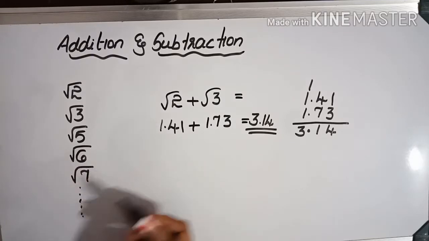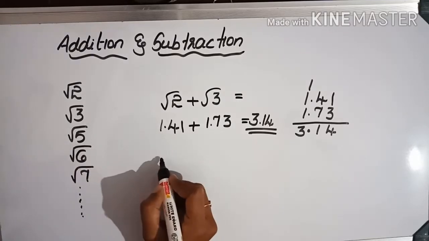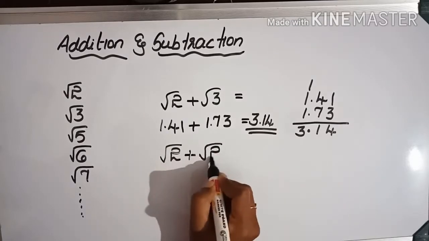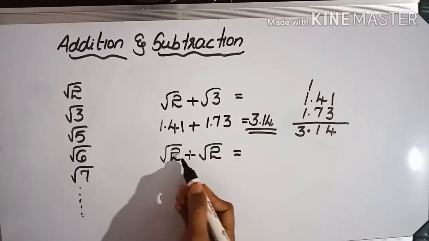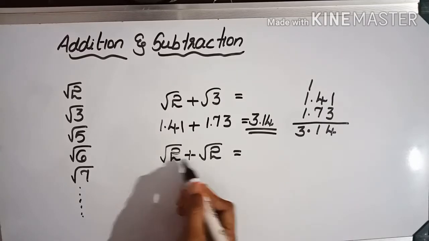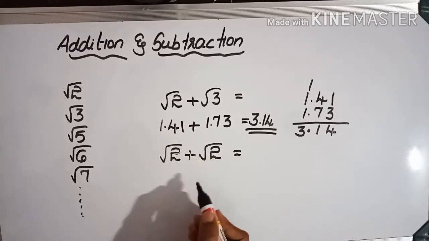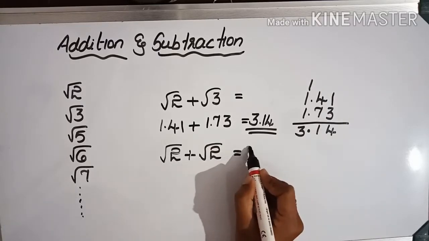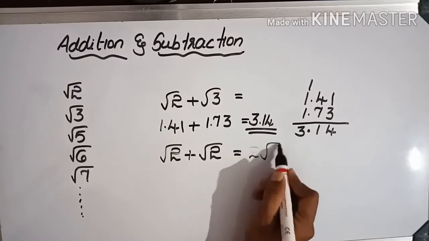Now similarly, in another case, suppose we have root 2 plus root 2. This one we can directly add because both are the same numbers with root value. So one root 2 here, then another root 2. So in total how many root 2s are here? 2 root 2s are there. So the total answer will be 2 root 2.